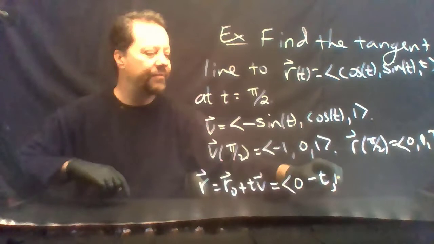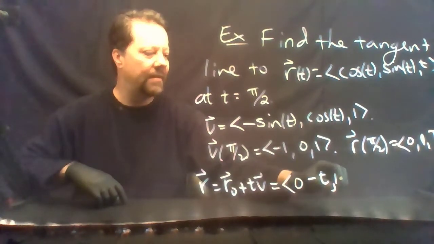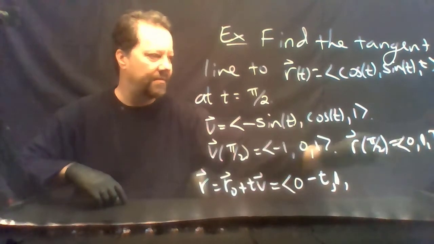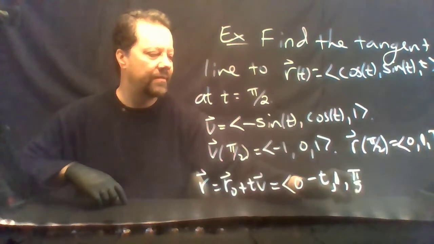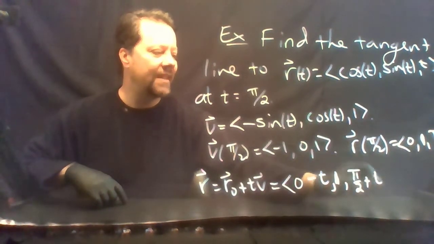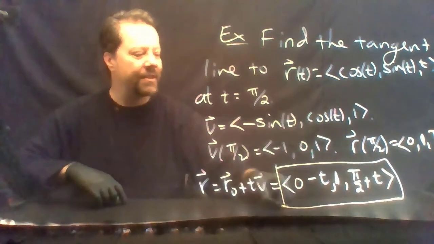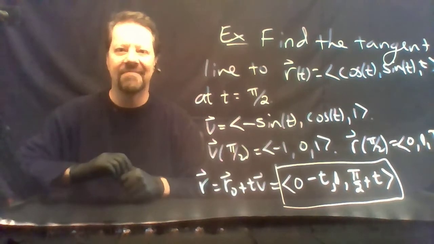We'll have 1 plus 0t, and then pi over 2 plus 1 times t. And this gives you a parametric form for the equation of the tangent line.